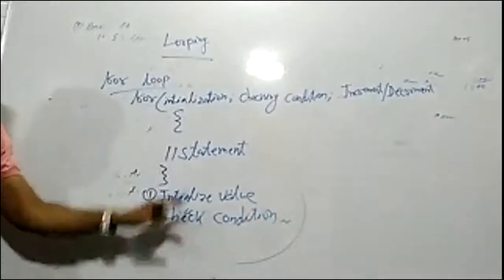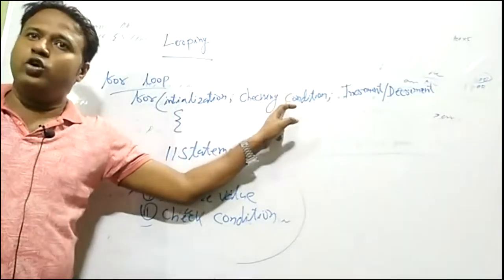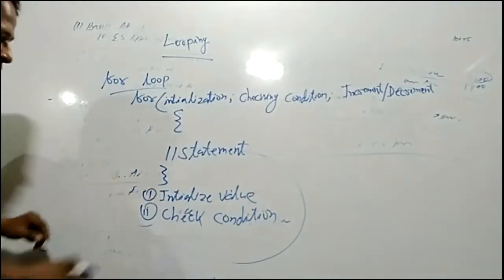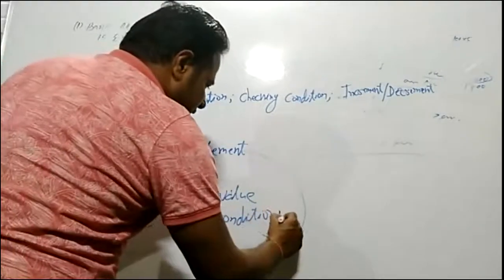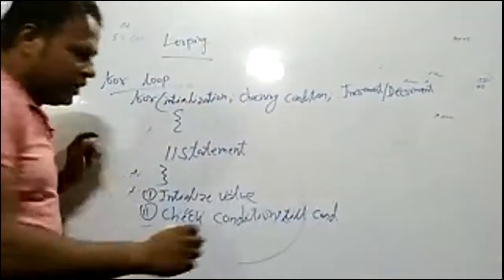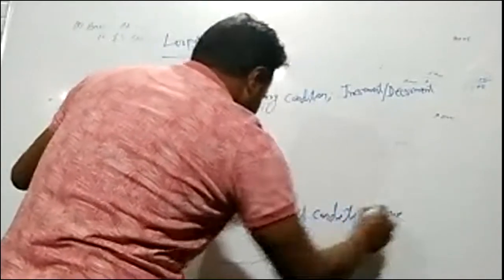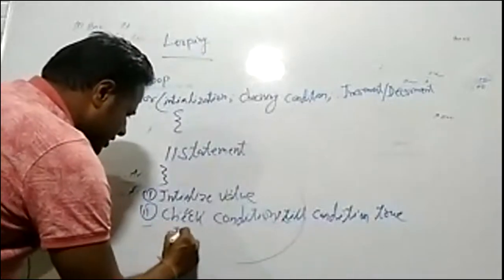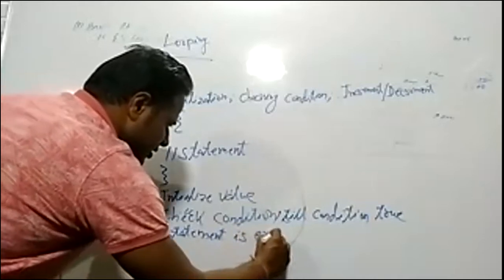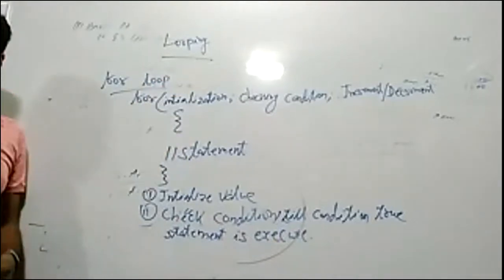Okay, check condition means till your condition is true. जब तक आपका कंडीशन ट्रू रहता है तब तक क्या होगा, आपका ये बॉडी स्टेटमेंट इज एग्जीक्यूट. मीन चेक कंडीशन till condition is true, till your condition is true, the statement is executed. Okay, then your increment and decrement happens.